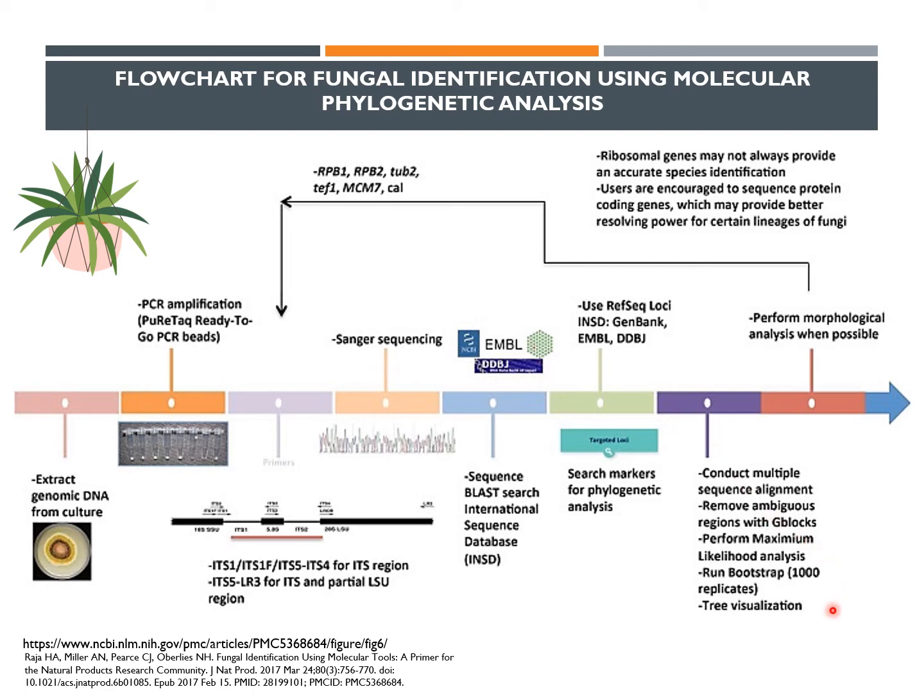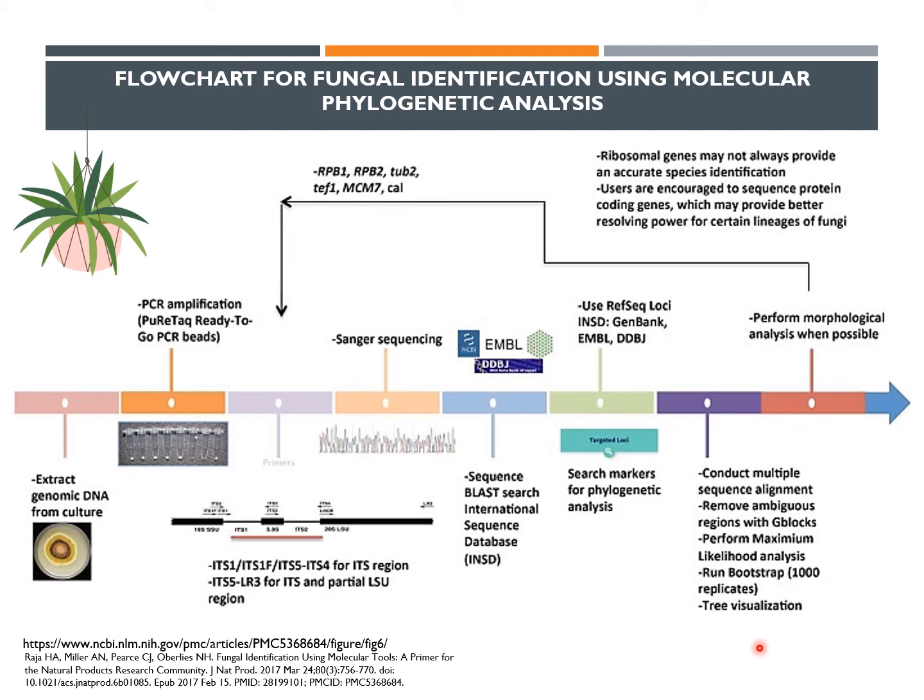And after you get the information, you will need to conduct multiple sequence alignments. And also you will need to remove ambiguous regions with any program like Gblocks, perform maximum likelihood analysis, and then run bootstrap of 1000 replicates, and then you will construct the tree after that.